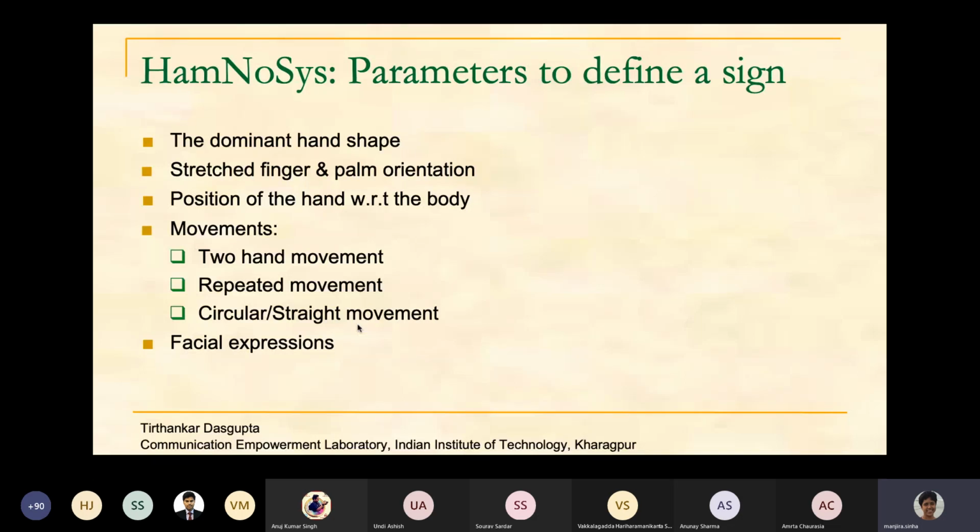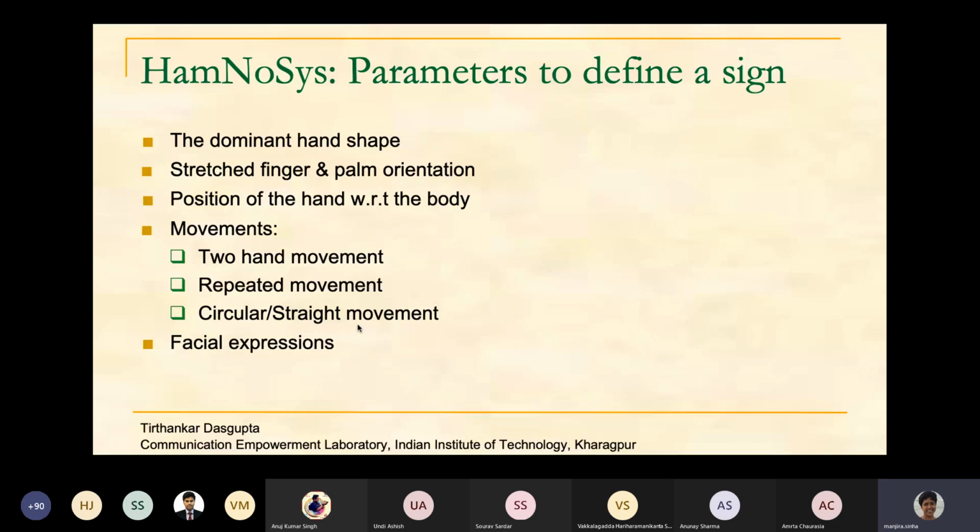So in Hamnosys also we have some parameters that define a sign. The first thing is that it will be based on the dominant hand shape. Like in a sign, as we have seen, there can be one hand, two hands, and facial gesture, hand, face and body. The hands can move, but one dominant hand shape is generally present.